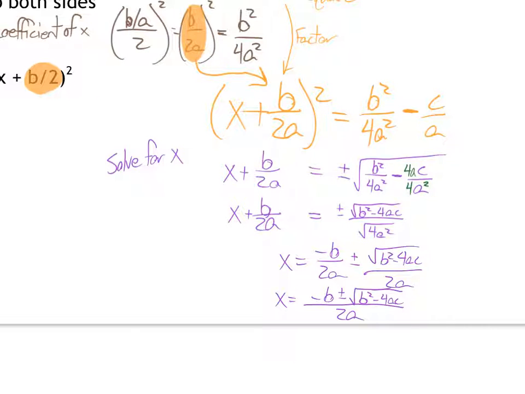It comes from completing the square. So guys, these things that you learn aren't just made up. They come from somewhere. Back in Algebra 1, you probably learned this and they just said, hey, memorize it and do it. Now you're seeing where it comes from.